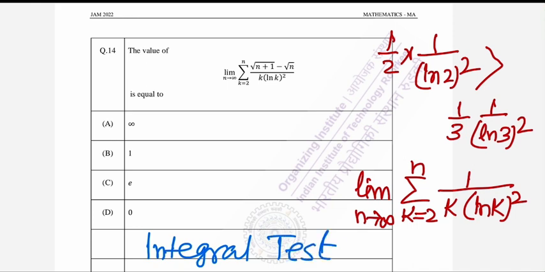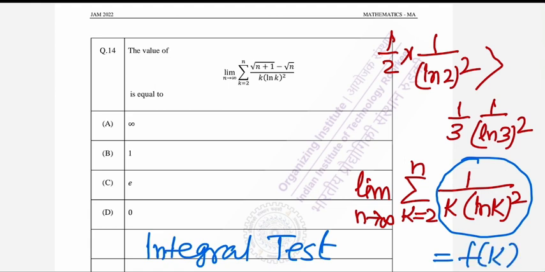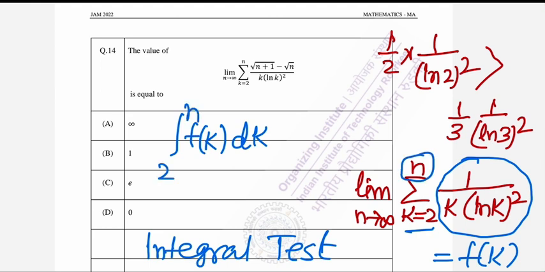And the next question is how we perform this test. For this test, we assume this thing as f(k), and evaluate the integration of f(k) dk, with limits from 2 to n.